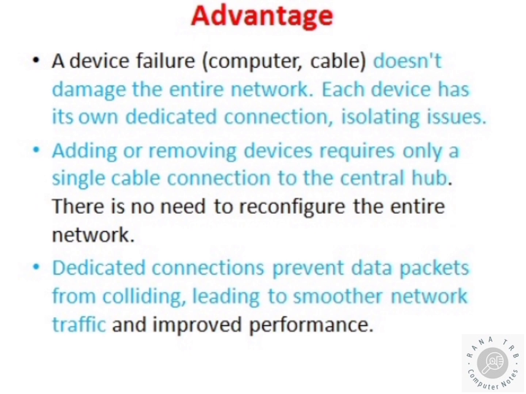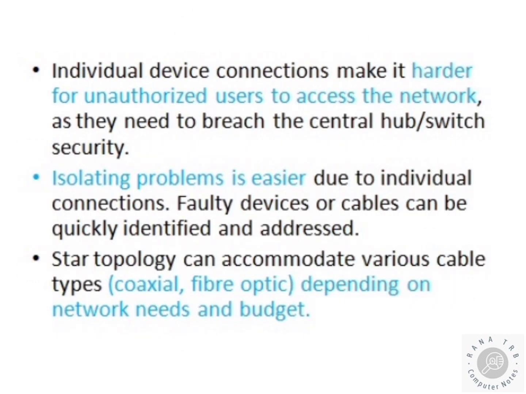Then, dedicated connections prevent data packet collisions, leading to smoother network traffic and improved performance. Individual device connections make it harder for unauthorized users to access the network. And isolating problems is easier because we can easily identify the faulty device or cable. In star topology, they accommodate various cables like coaxial and fiber cable depending upon the needs and their budgets.